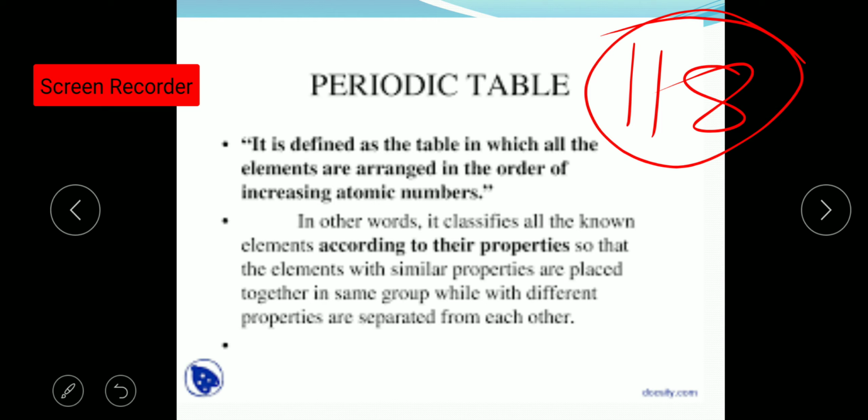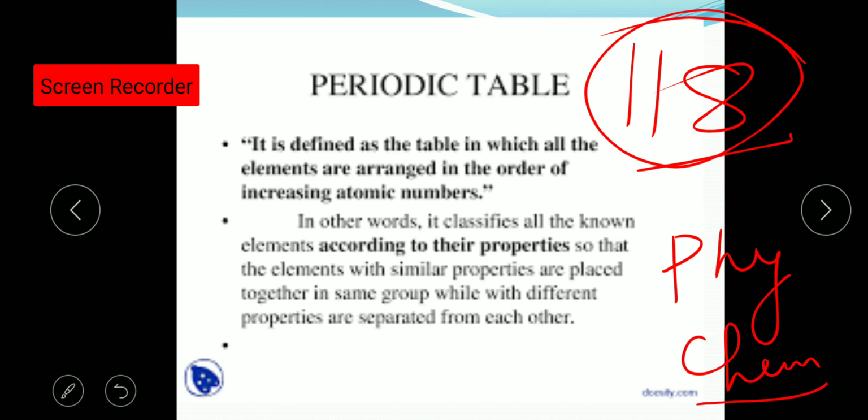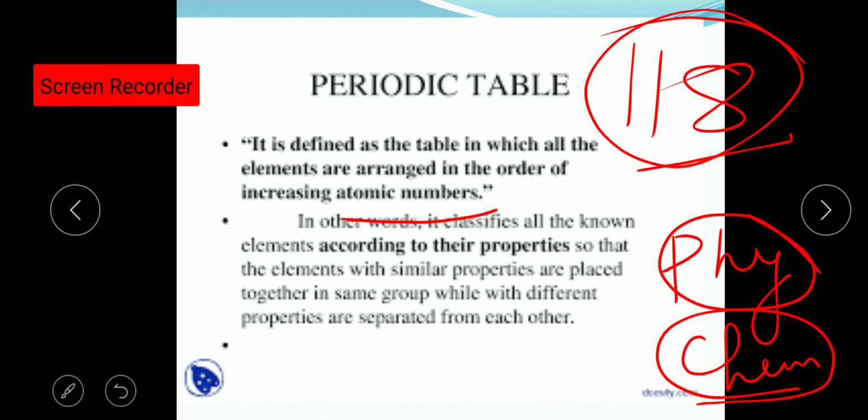So the elements should be arranged in the form of a periodic table so that the study of these elements becomes easy.